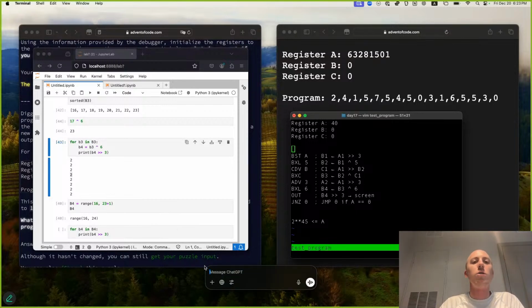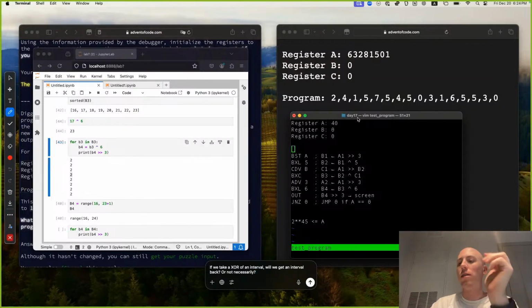I kind of want to cheat a little bit and just ask ChatGPT: if we take a Zor of an interval, will we get an interval back or not necessarily? Before I ask, I wonder if we can just show a counterexample real quick.